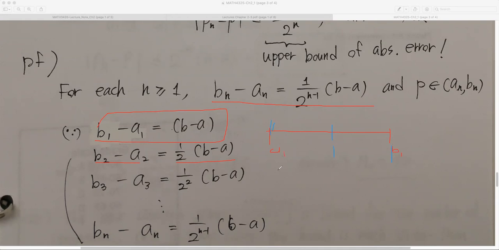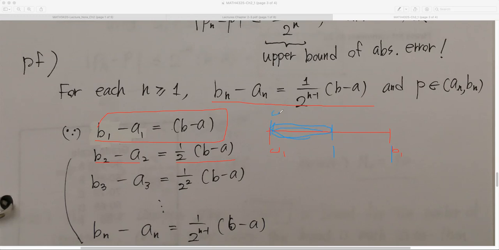Either a1 becomes a2, or b1 becomes b2. The inner interval will be narrowed down by half of a1 b1. So that is the distance between a2 and b2.